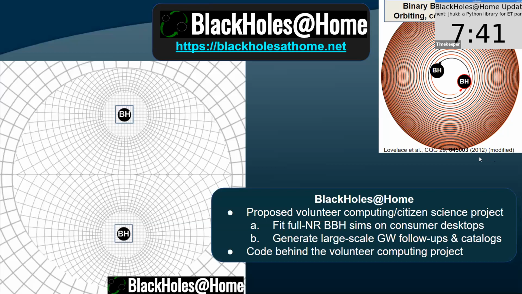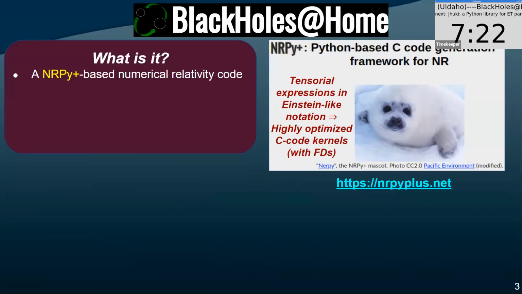So BlackHoles at Home is a proposed volunteer computing / citizen science project in which we wish to fit full numerical relativity binary black hole simulations, like I said, on consumer-grade desktops, and utilize that capability to generate large-scale gravitational wave follow-ups and catalogs. It's also the name, conveniently, of the code behind the volunteer computing project. It's a NRPy-based code.